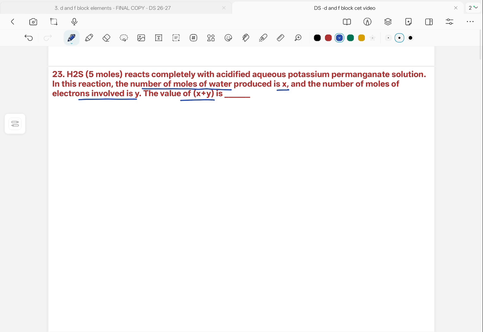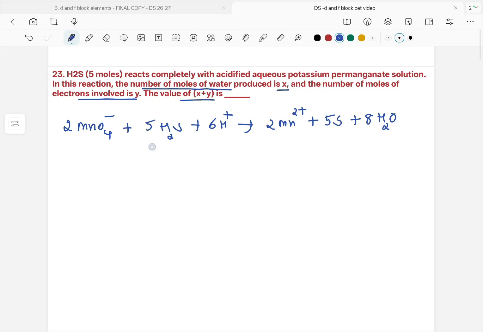So the balanced equation is like that, where 2 MnO4 minus plus 5 H2S in acid medium will give 2 Mn2 plus, 5 S plus 8 H2O. So 5 moles of H2S is producing 8 moles of water. That is X. So X value is equal to 8.